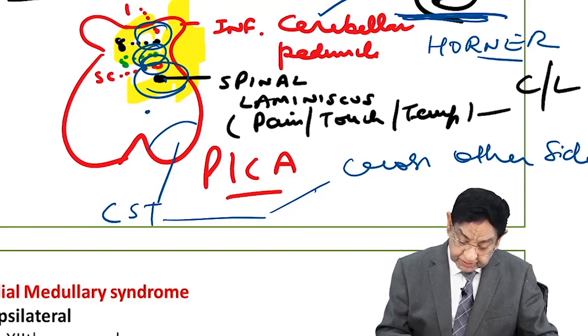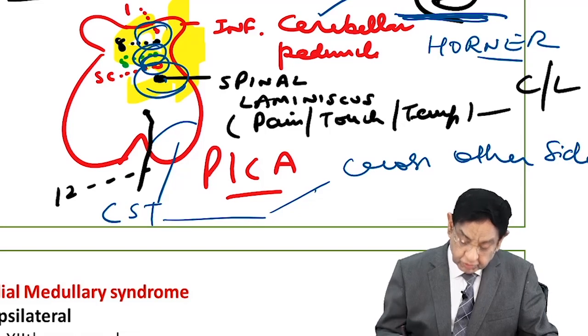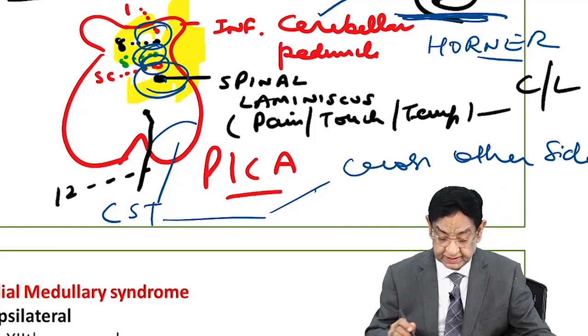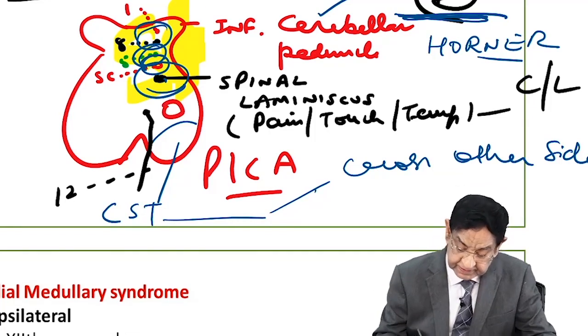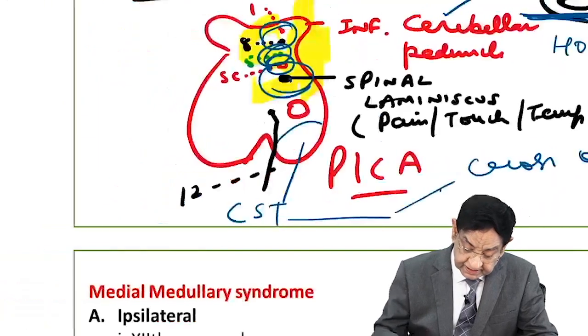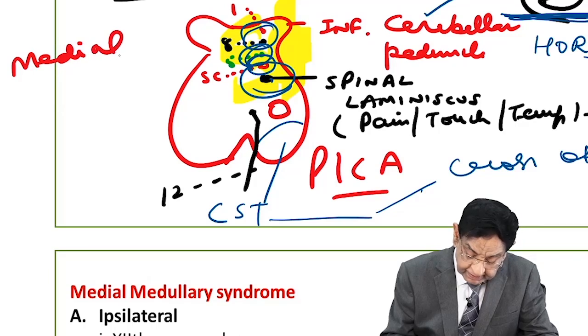Here is the 12th cranial nerve. And here is the medial lemniscus. This red color is medial lemniscus.